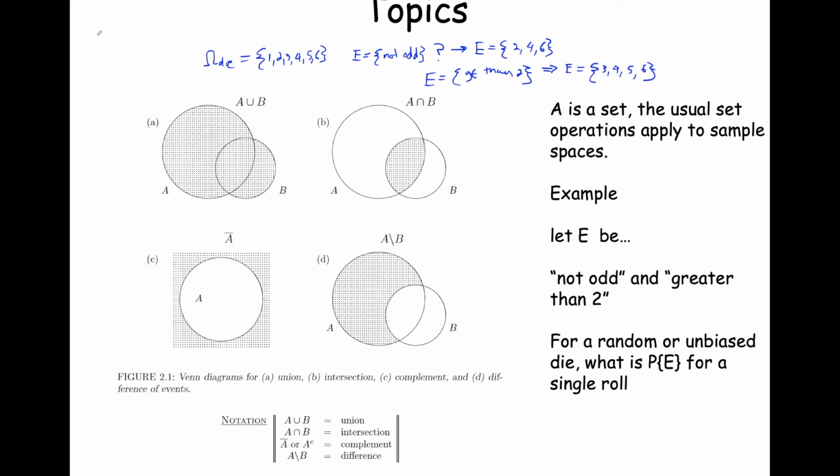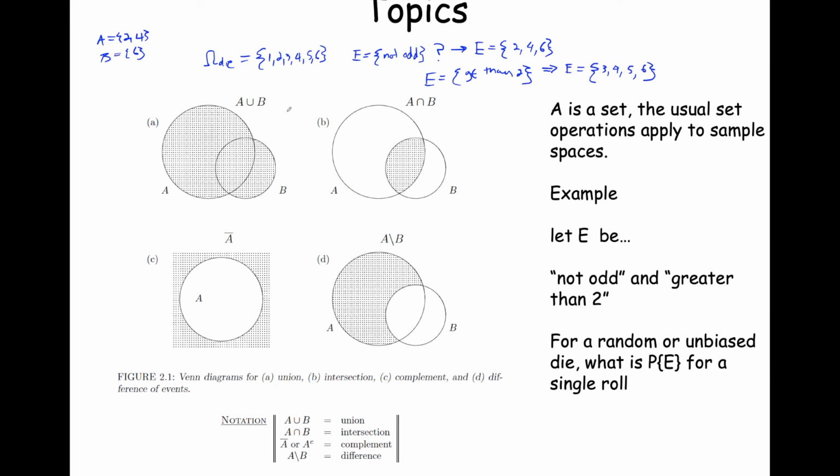If we have some set A, and let's say A is equal to the event 2 and 4, and let's say B is equal to the event 6, if we wanted to construct the event called not odd out of A and B, we would combine the two through the union set operator.